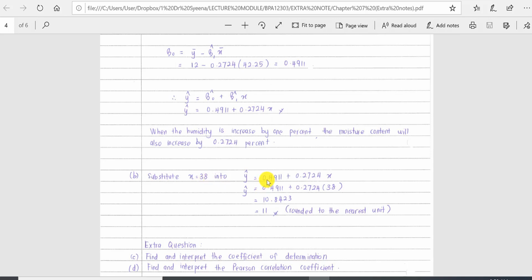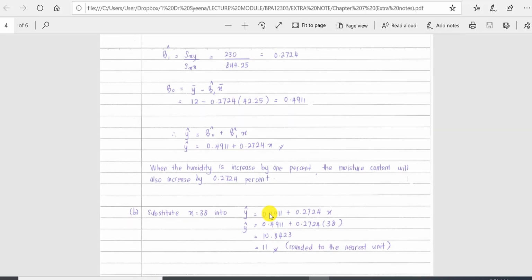We just substitute the value of x is equal to 38, then we can predict the value of y, then we get 10.84. So we round it to the nearest unit, we get y is equal to 11. So this is how you get your simple linear regression model by using this equation.